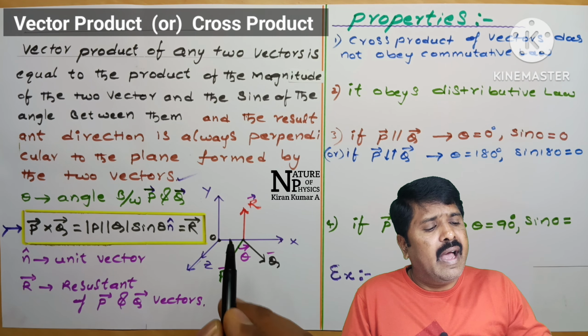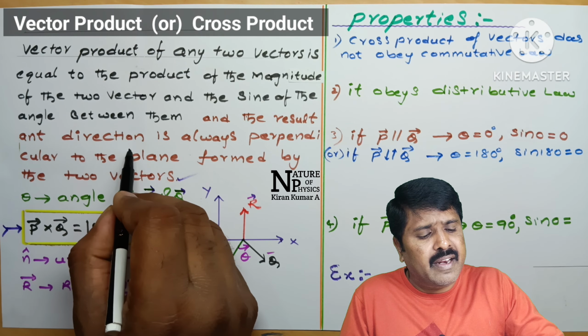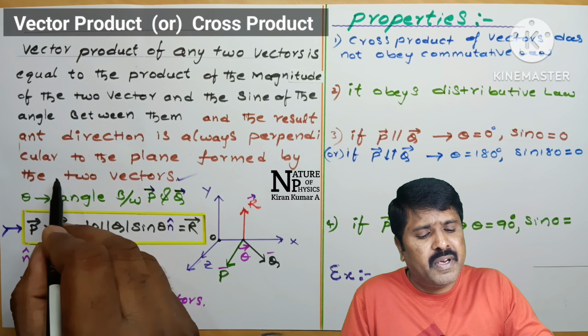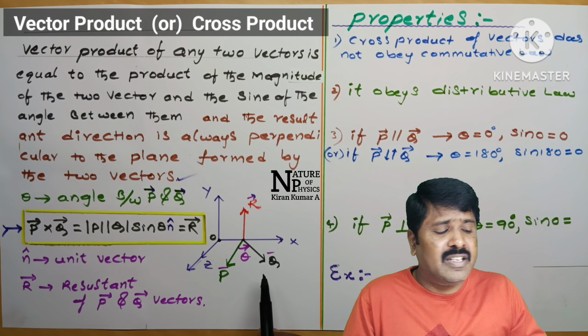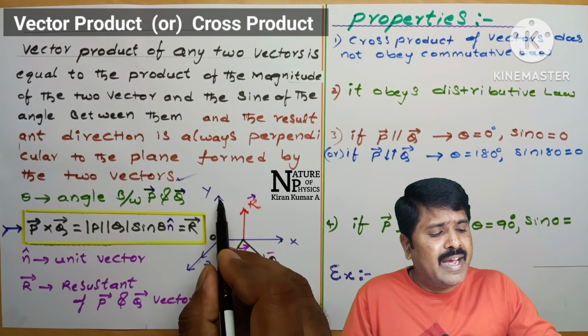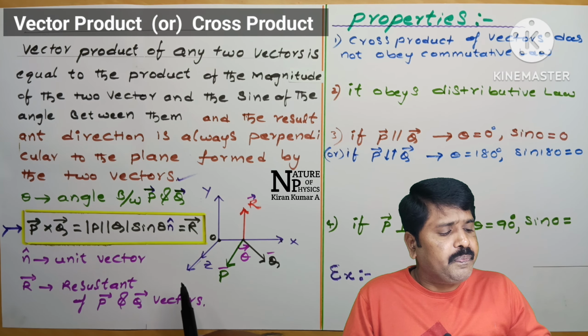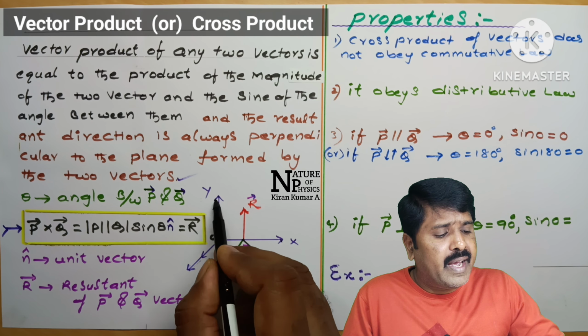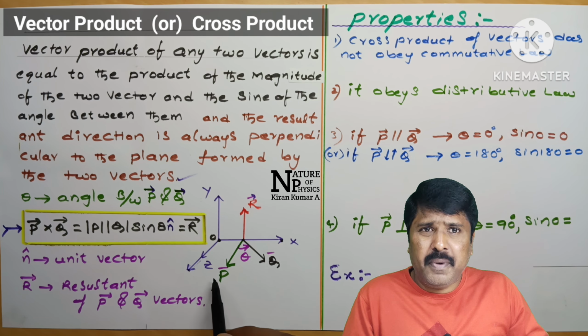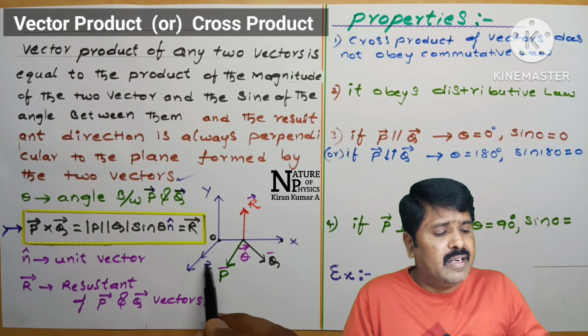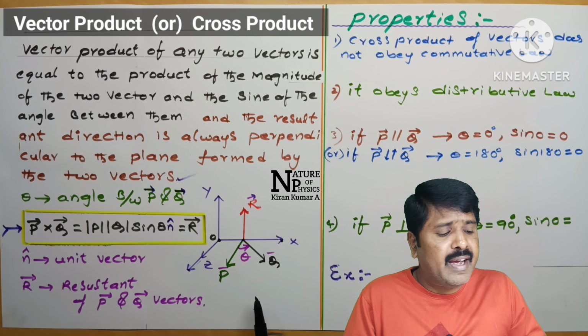Okay students, and the resultant direction is always perpendicular to the plane formed by the two vectors. Here the x-axis, y-axis, z-axis are there, in which the y-axis is perpendicular to the XZ plane. The XZ plane is perpendicular to the y-axis.